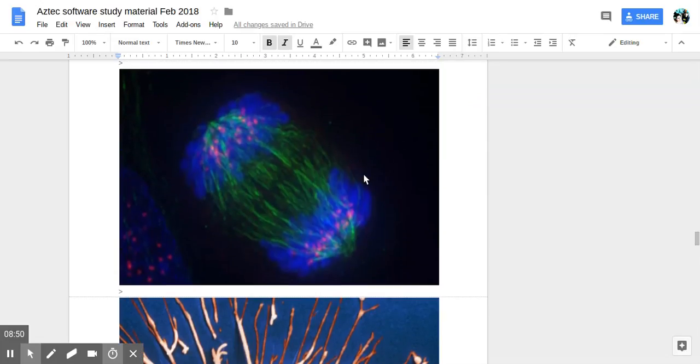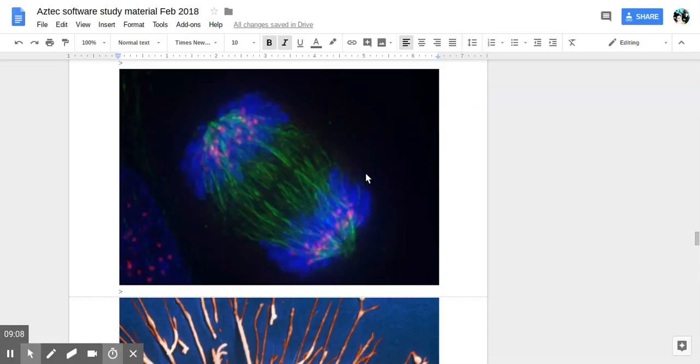Here you have a showing of how the genetic material is separated using the spindle apparatus, which is in green, and the genetic material in bright blue, which is pulled apart to opposite ends.